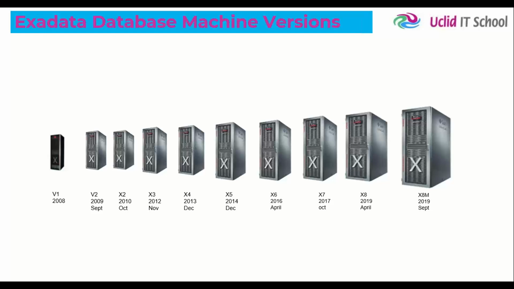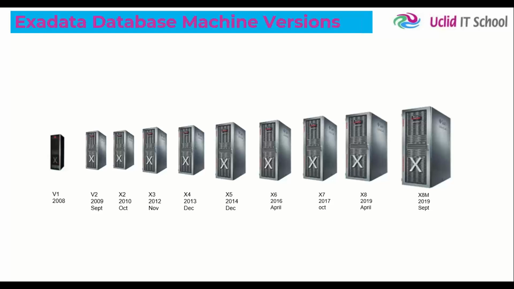Software is from Oracle, hardware is from Hewlett Packard, HP. Because at the time, Oracle did not have a hardware business, so Oracle had to partner with a hardware company like HP. HP provided the servers required for Exadata, Oracle provided the software, and together they built the first system, V1. So it is the marriage between Oracle and HP, Oracle providing the software, HP providing the hardware. That's why it is represented in a different color.